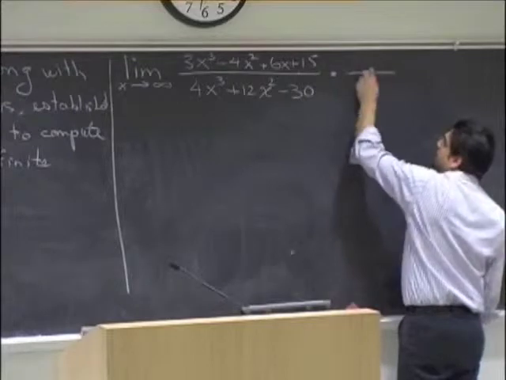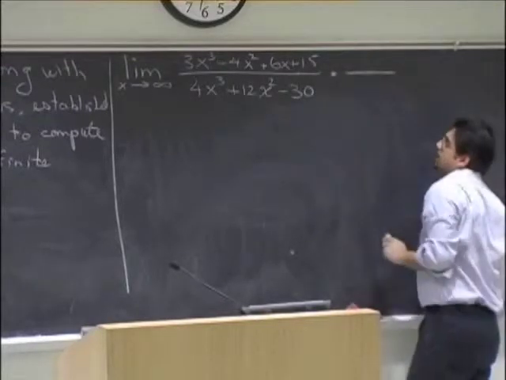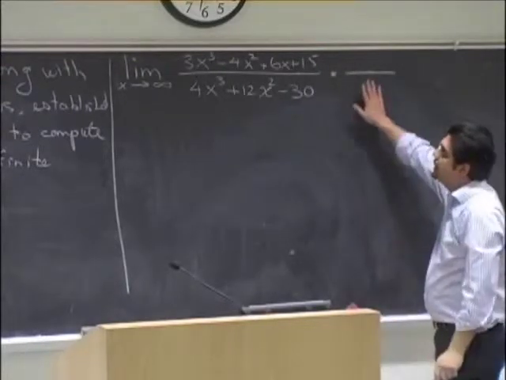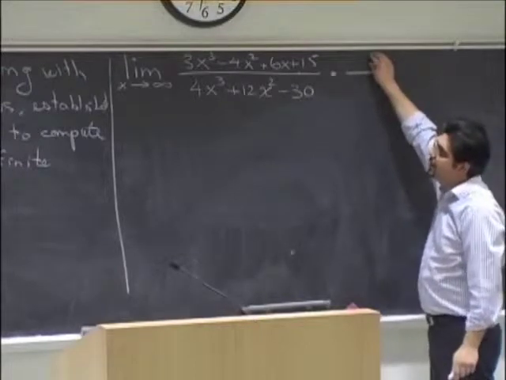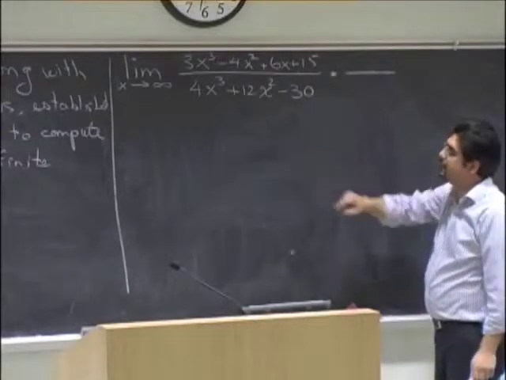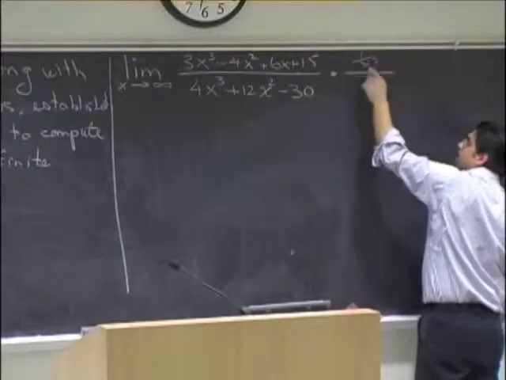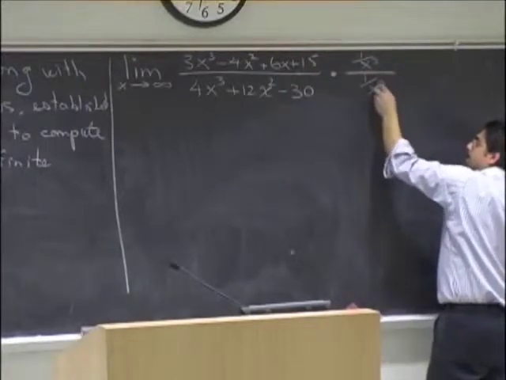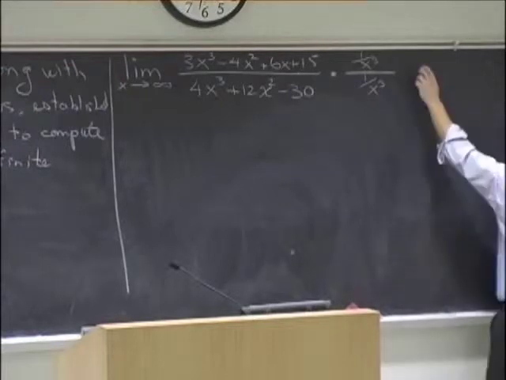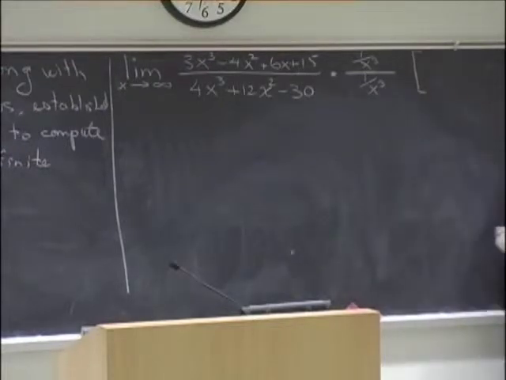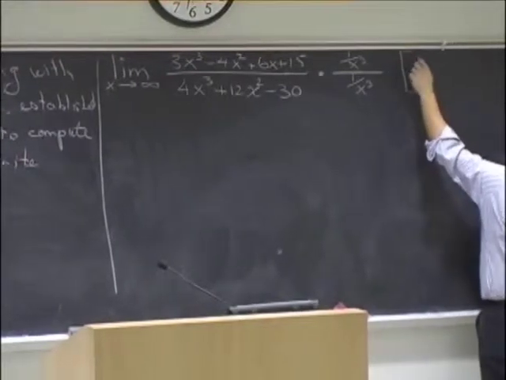Well, I'm going to multiply by 1, and that doesn't change the value. But I want to multiply by an expression so that I get reciprocals of x. And I want to multiply by 1 over x cubed.